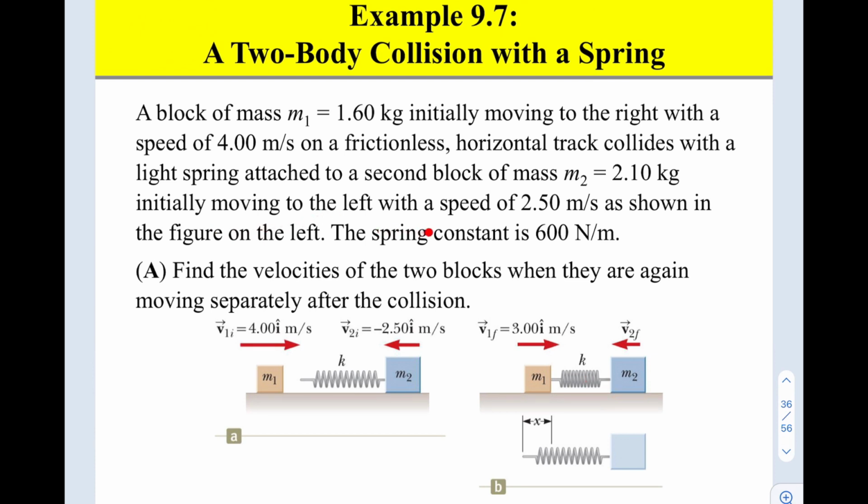This is after the collision. The spring constant is 600 Newton per meter. A, find the velocities of the two blocks when they are again moving separately after the collision. So sort of a bounce.